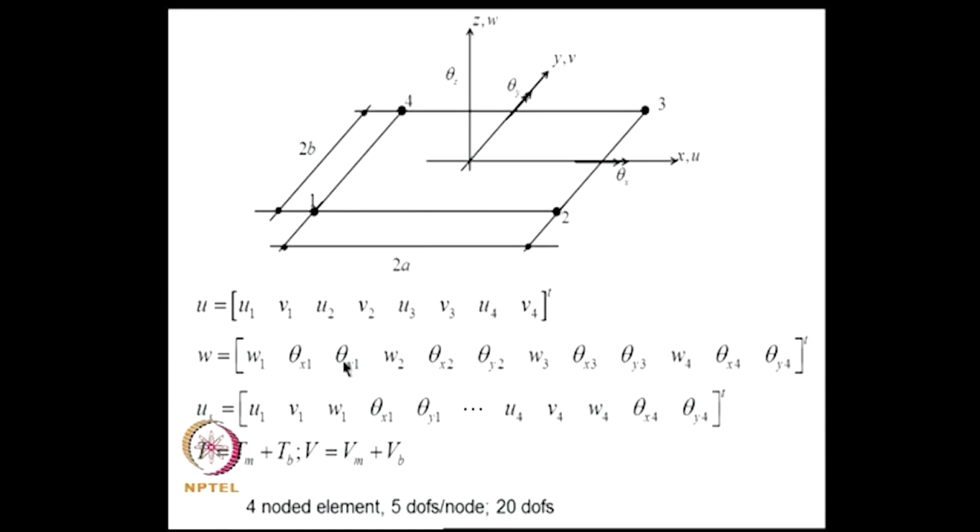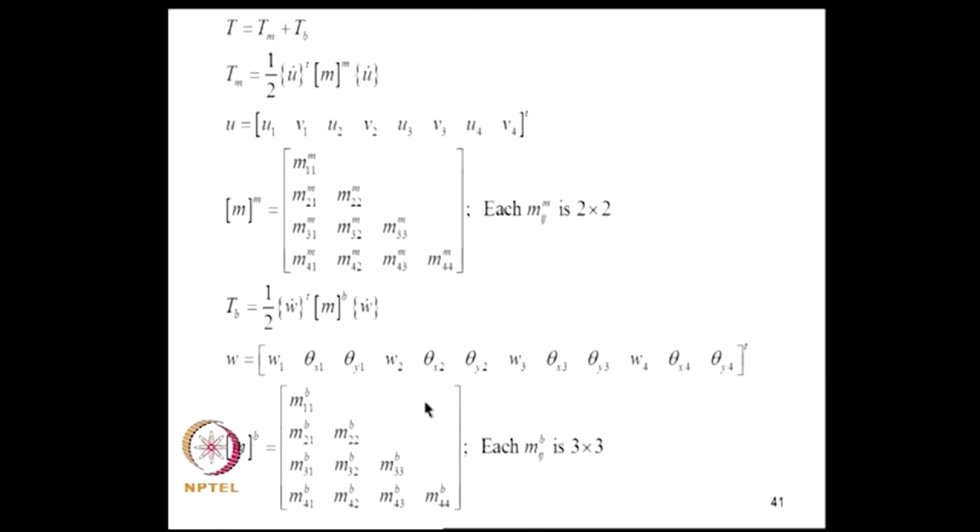So, we need to now assemble these matrices, write the correct expression for energies and derive the matrices. This is straightforward because we have already done the problem. It is now a matter of just bookkeeping and assembling the matrices correctly. So, we will write the kinetic energy in terms of membrane action and bending action.